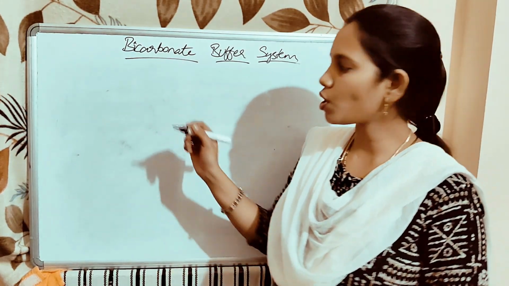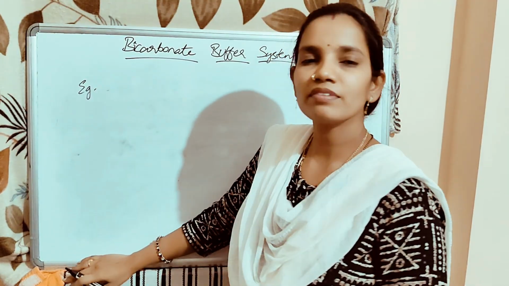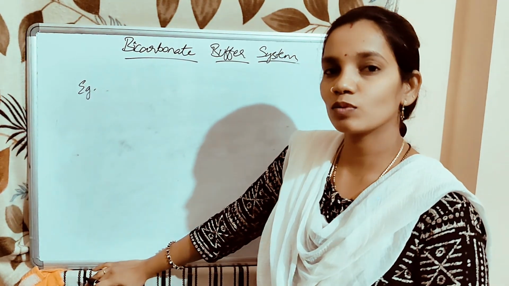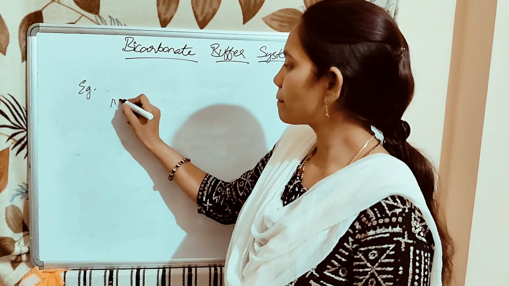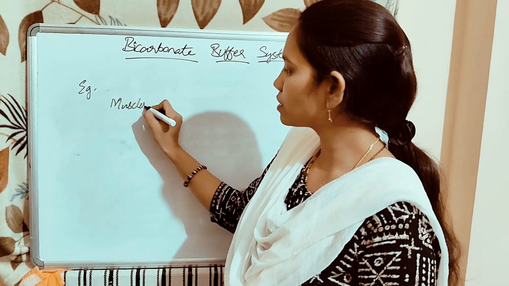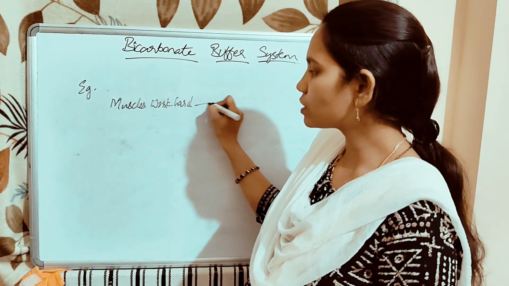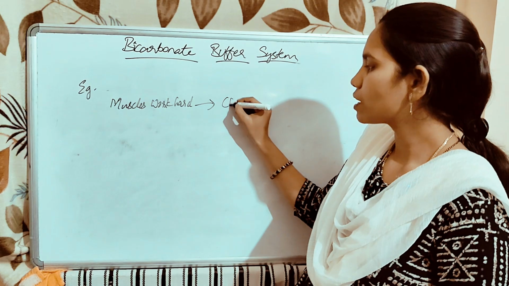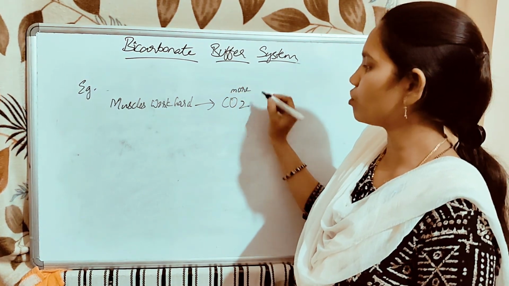Let's simplify with a small example. Imagine someone has climbed up the stairs very quickly. What will happen in the body? Muscles work hard. If muscles work hard, carbon dioxide is formed, more carbon dioxide is formed.